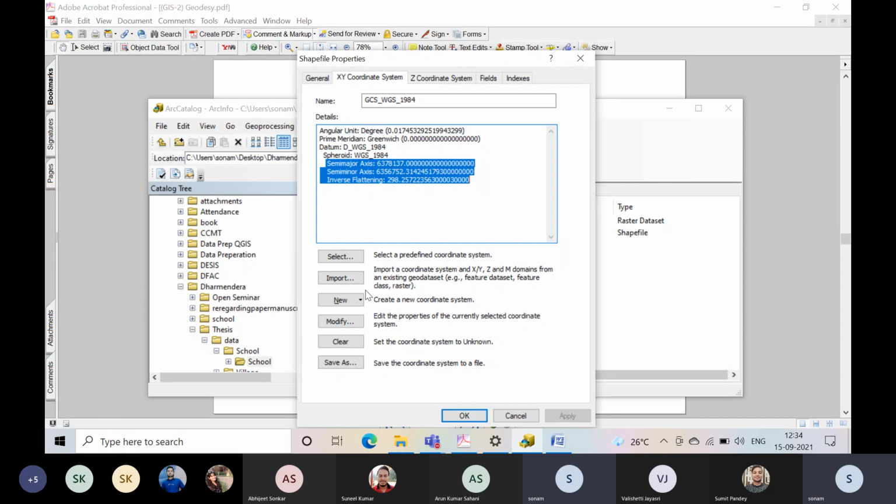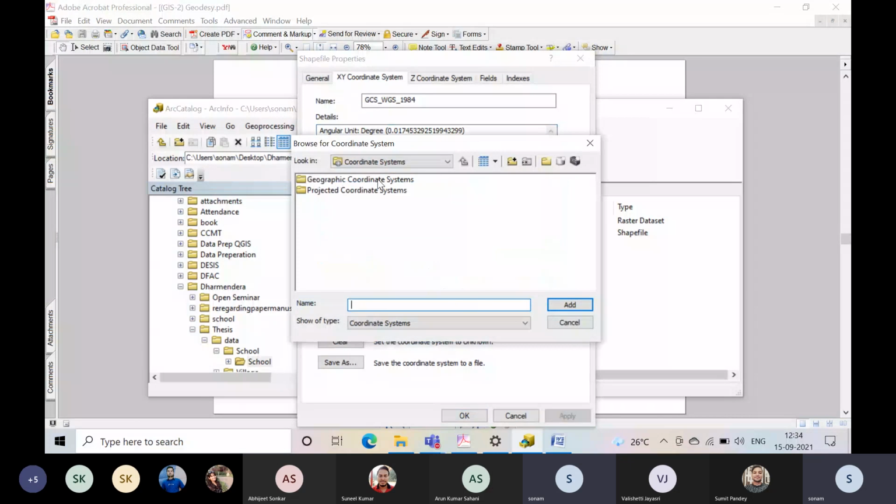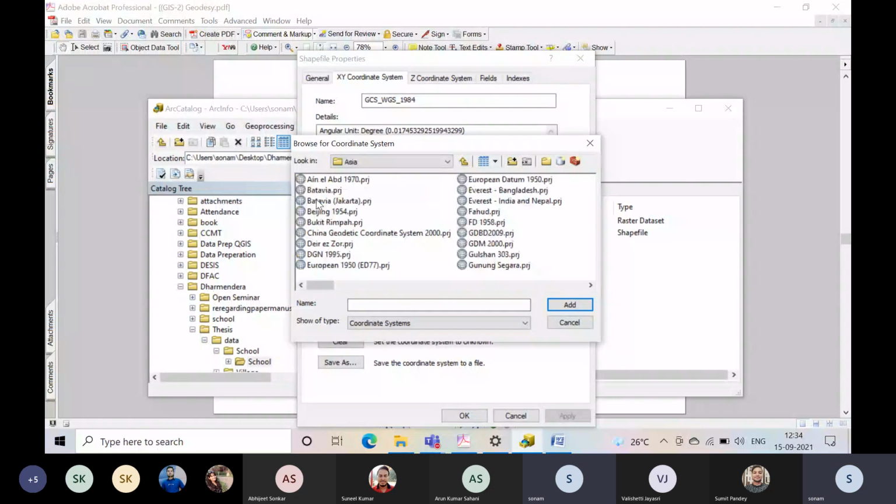Like I will show you one thing. Earlier I was telling you that India uses the Everest datum. There is, I think, a little bit of lag in the screen. Just wait for a minute.